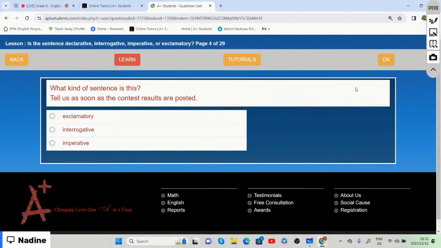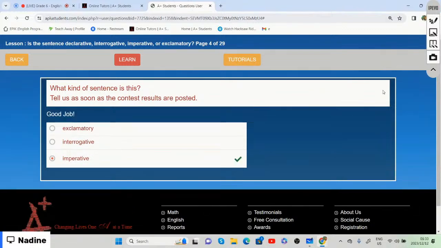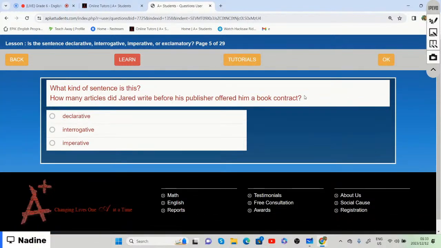We can say it's an imperative sentence because you want somebody to tell you. Yes, imperative sentence. So well done. Imperative sentence is correct.